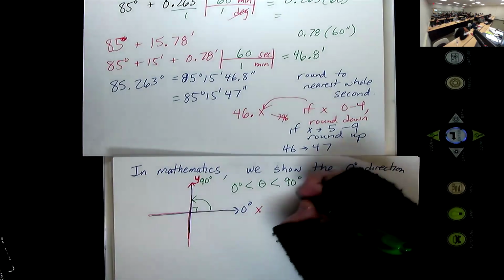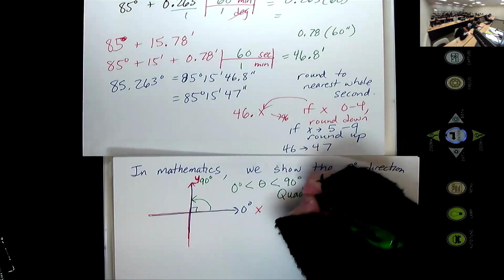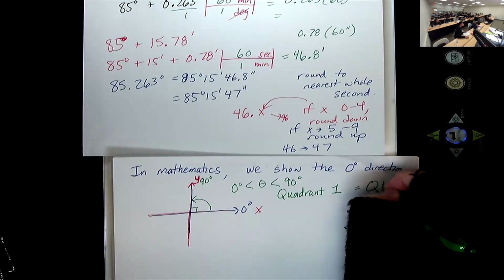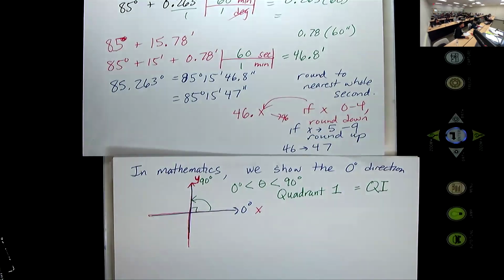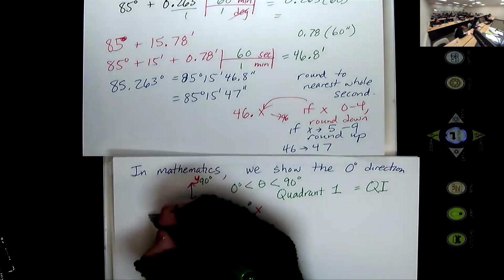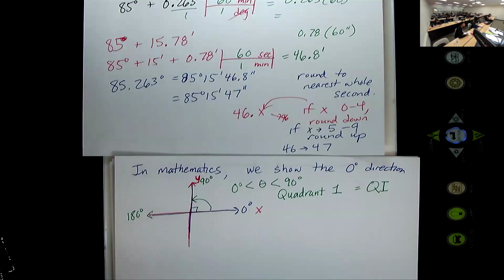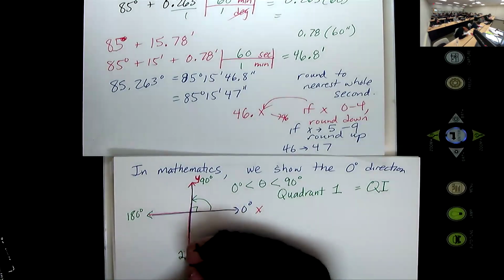We call this area quadrant 1. They usually use Roman numerals and use Q1. If we went around to the other side, we know it's the supplemental angle going straight to the left is 180 degrees. So we keep adding 90 degrees as we rotate to another line. 180 plus 90 is 270 degrees down here.